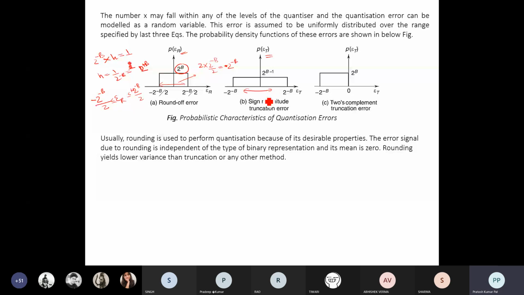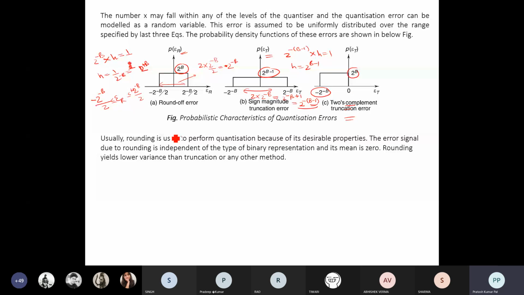Similarly, for the 2's complement representation, this is the error, and its inverse will be the magnitude. So this is how the probability density function is represented.